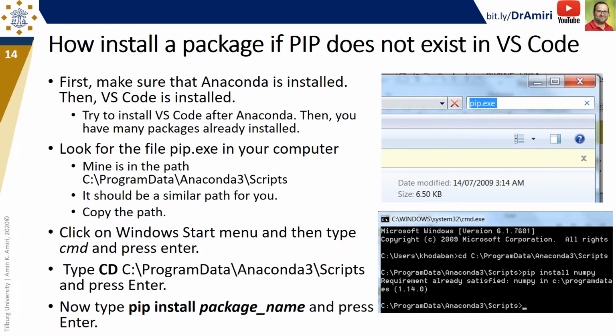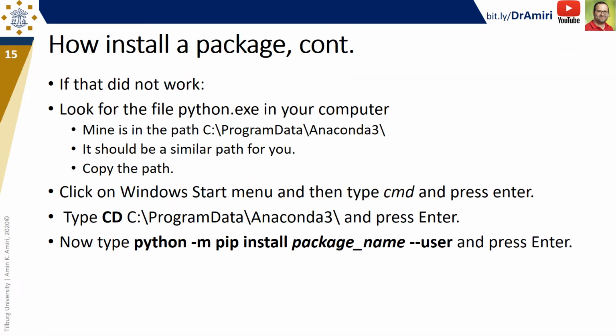There, just type cd and then copy paste the path where pip.exe exists. Now, in the command prompt, you can simply type pip install package name and then the package can be installed. Still, that may not work for you. Then you can use what I suggested in this slide.